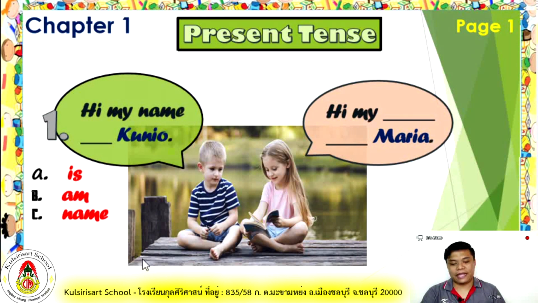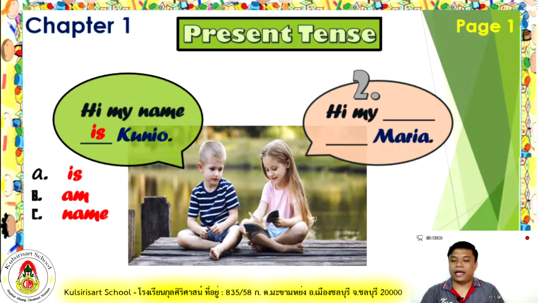What do you think is the answer? Anybody can guess? Correct. In the present form, you will say, hi, my name is Konyo. It is happening right now. If someone is asking you, what's your name? Hi, my name is Konyo. Somebody is asking you.